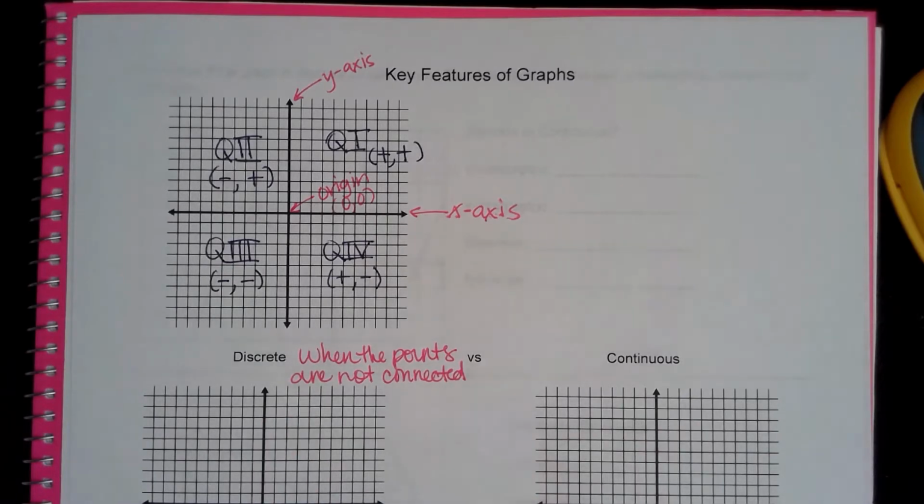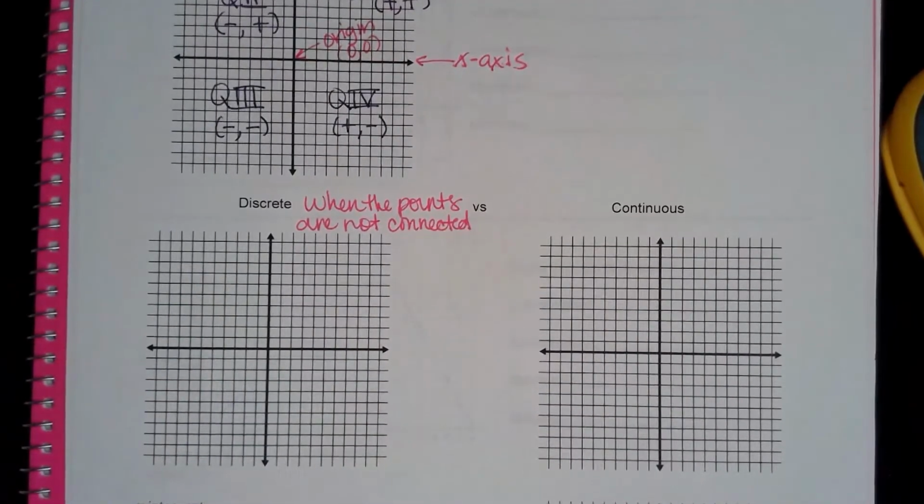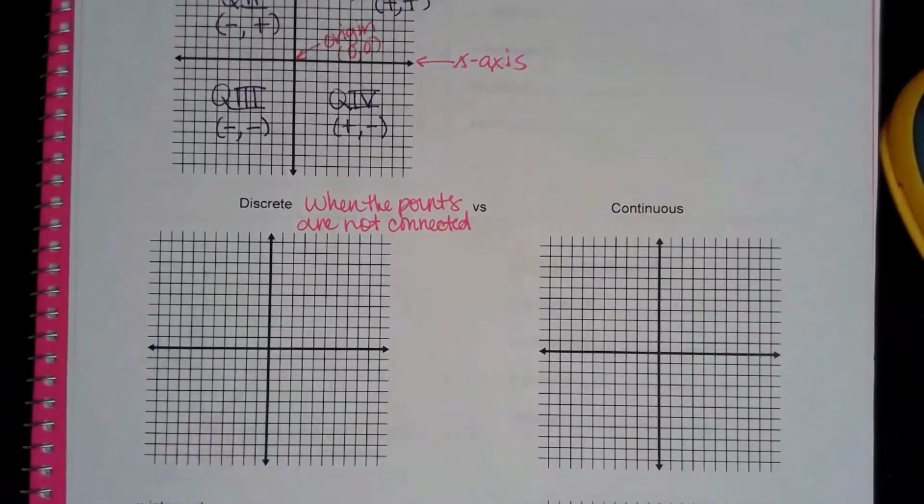Next 2 words are discrete and continuous, and we've actually talked about these already before. But discrete, remember, is when the points are not connected. So we could have 2 graphs that looked identical with each other, okay?